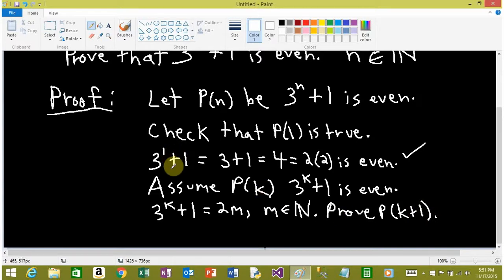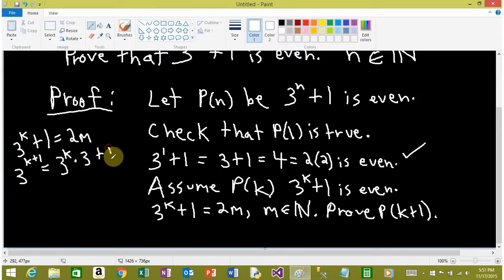So this will be our induction step, and we're going to kind of go outside the proof to do some scratch work here. So we know that 3 to the k plus 1 is equal to 2m for some natural number m. And 3 to the k plus 1, plus 1, is equal to 3 to the k times 3, and then we have plus our 1, just adding the 1 there.